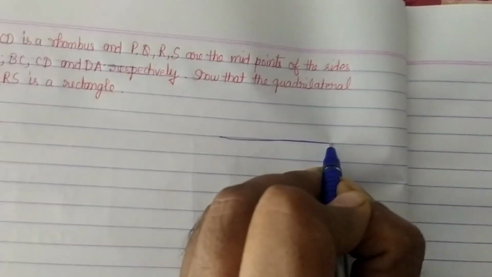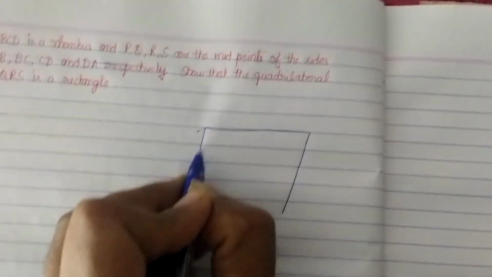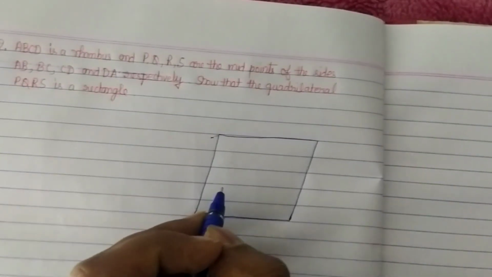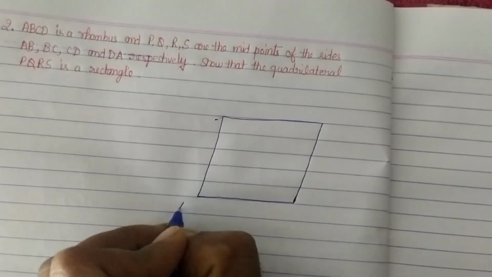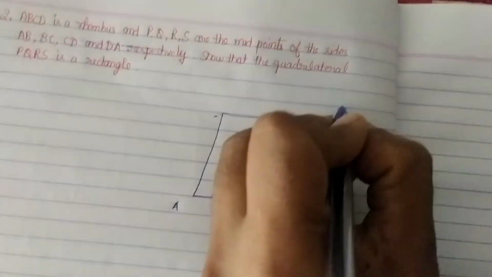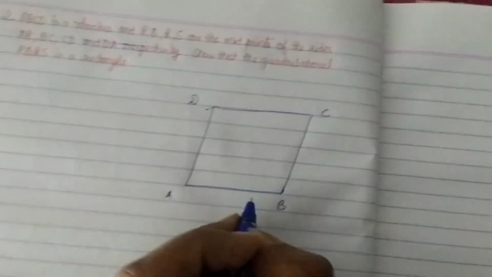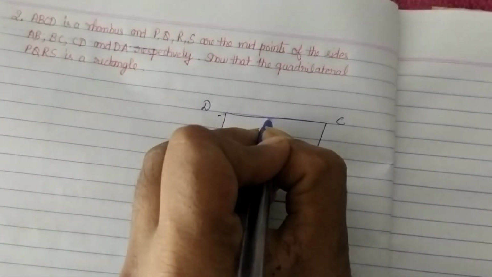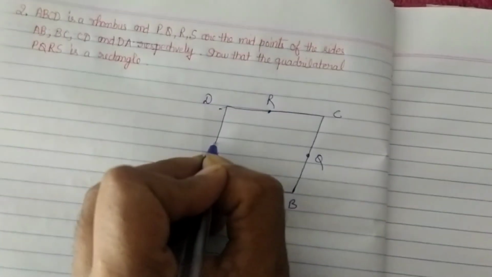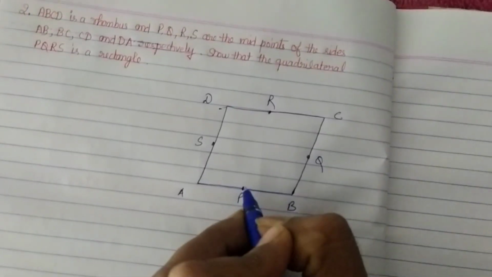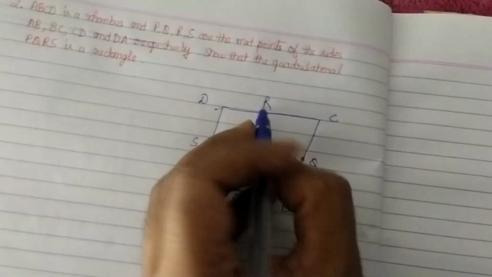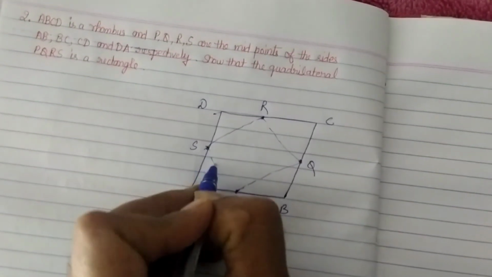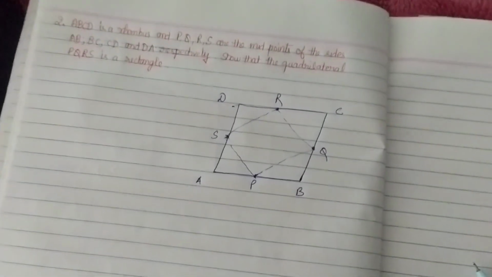So a rhombus is given to us, with vertices A, B, C and D. In a rhombus, if we join the midpoints of the sides, it will form a rectangle.